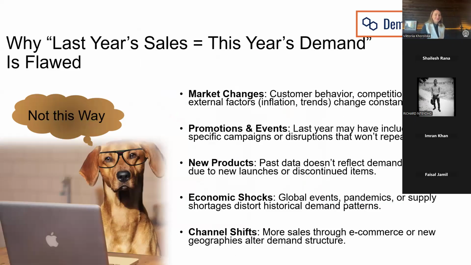And the last but not least, why the company needs more demand planning instead of forecasting. So demand planning starts with a discussion about what's going to happen, what are the changes, what we should know, what we didn't know.